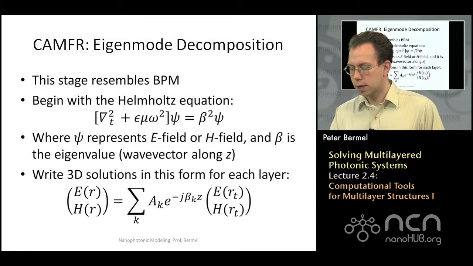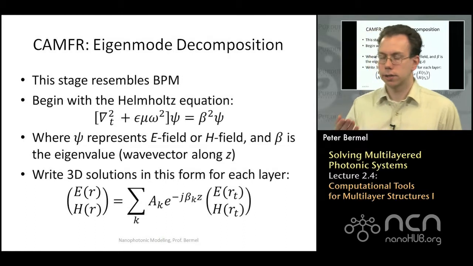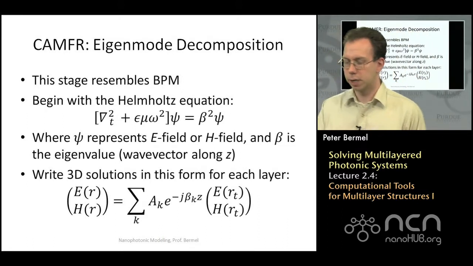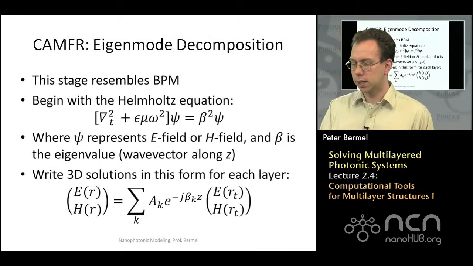And then we have this exponential for the propagation in the z direction times the initial E and H fields. So this kind of goes back to the E and B based formulation of transfer matrices rather than the up and down fields.